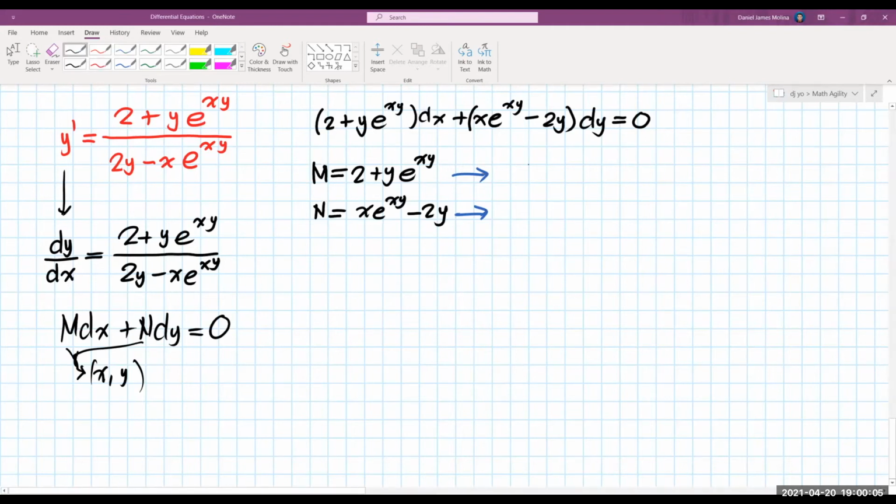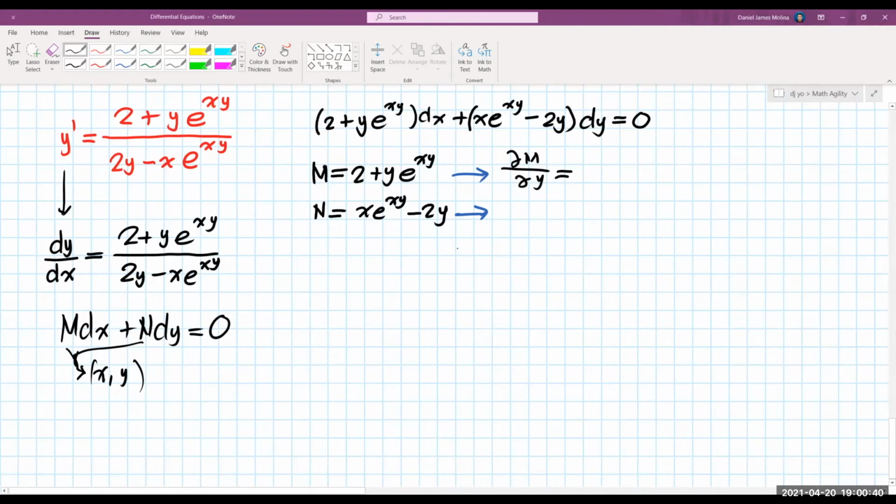How will we show that the differential equation is exact? We take the partial derivatives. Since M is paired with dx, let's take the partial derivative of M with respect to the other variable, y. Of course, the 2 becomes 0. For the second term, since it is differentiated with respect to y, we use the product rule.